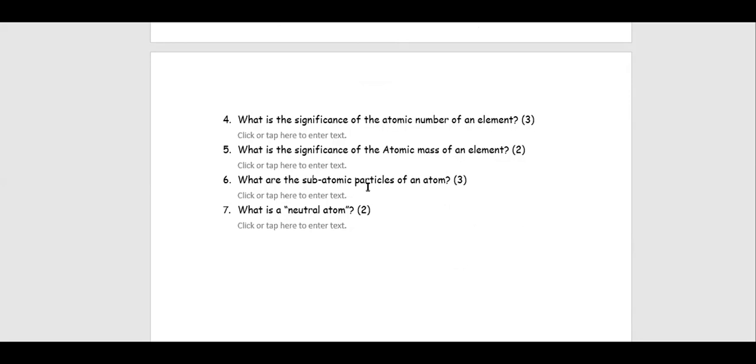Number 6, what are the subatomic particles of an atom? We know that, what is the atom made out of? So electrons, protons, and neutrons. And lastly, what is a neutral atom? Who can answer this one for me? What is a neutral atom?